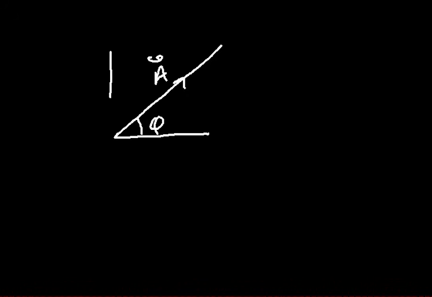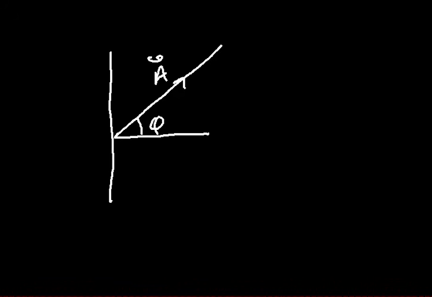Now let us see how we can find the magnitude as well as the direction of a vector given its components. Let's say we have a vector A acting at an angle theta with respect to the horizontal.